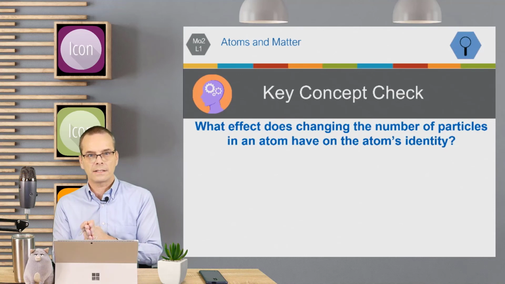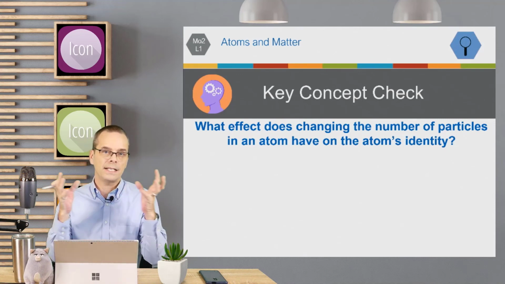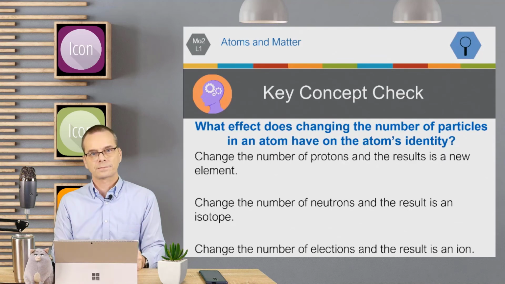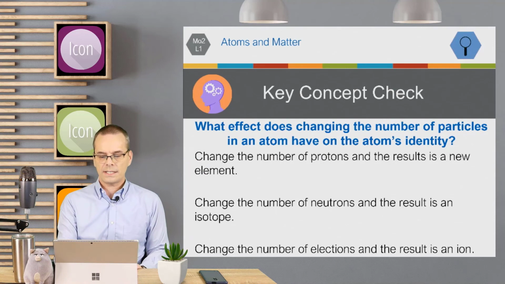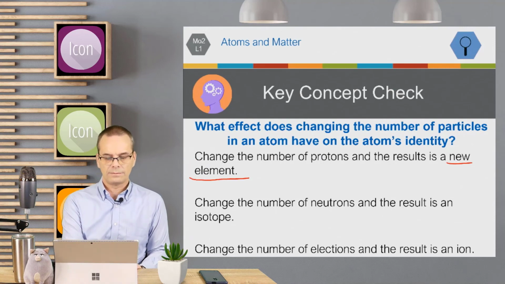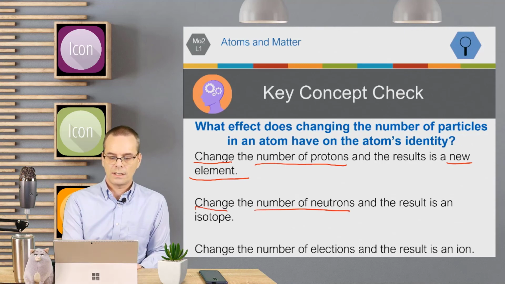So what effect does changing the number of particles in the atom have on the atom's identity? Change the number of protons, and the result is a new element. Change the number of neutrons, and the result is an isotope.